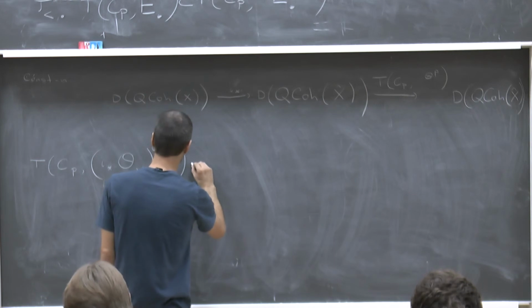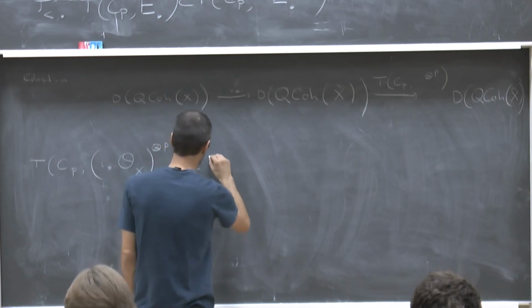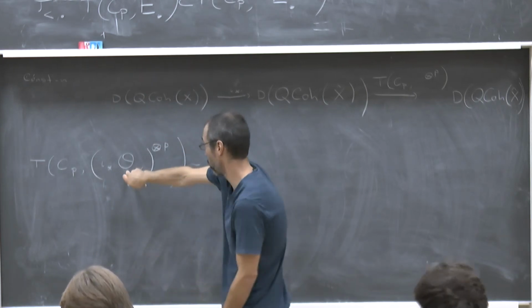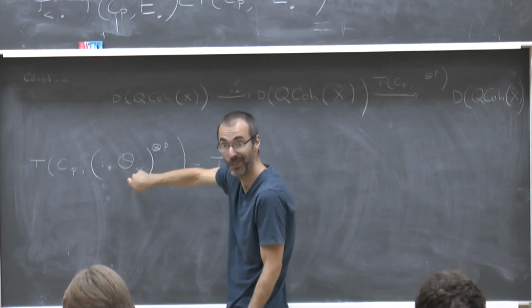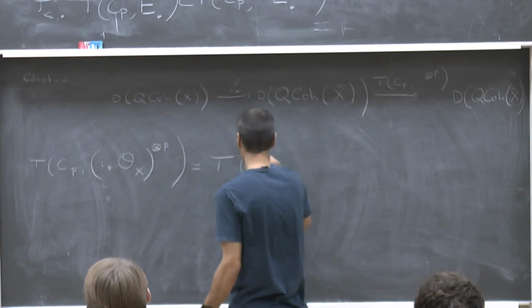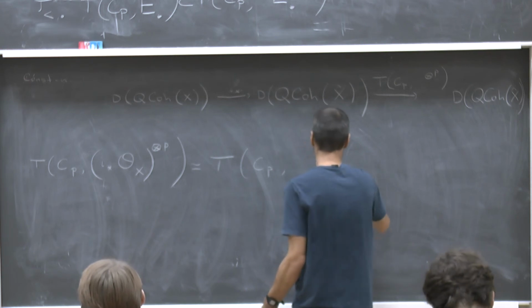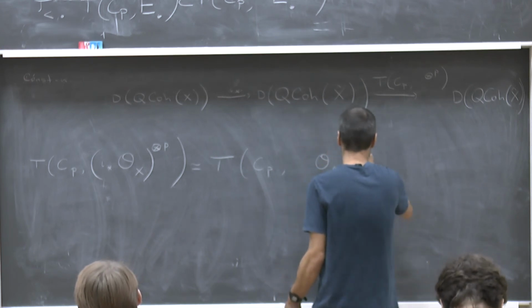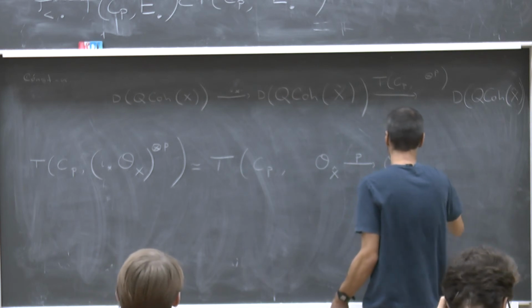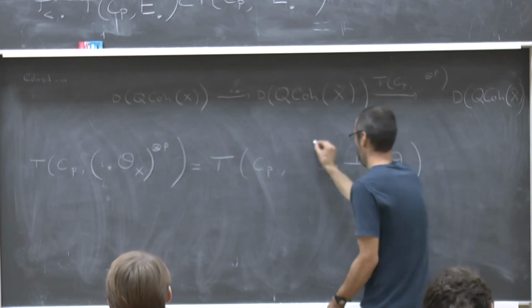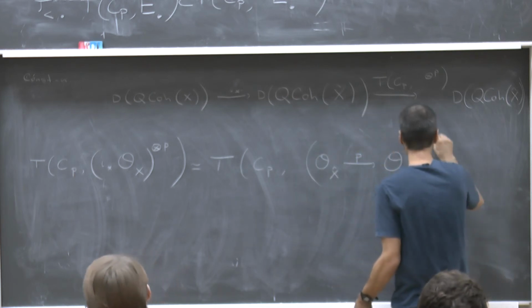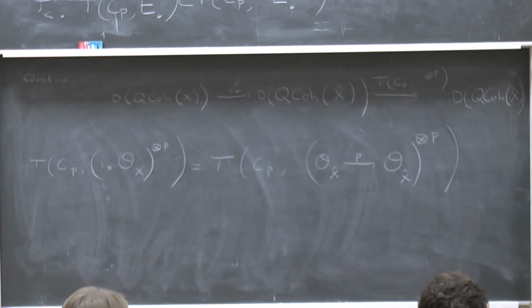So what will we get? It's very easy to write down a resolution for this guy. It's just Cp of X hat, and here I have multiplication by p. And now I'm supposed to take its p-th tensor power and take the Tate construction.